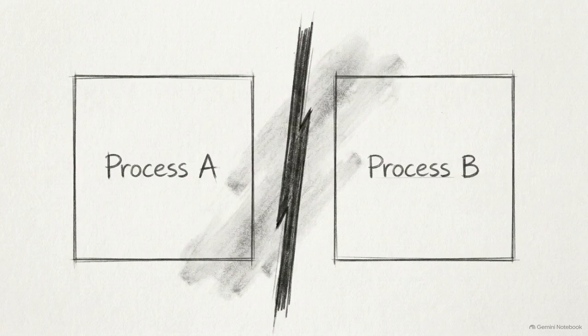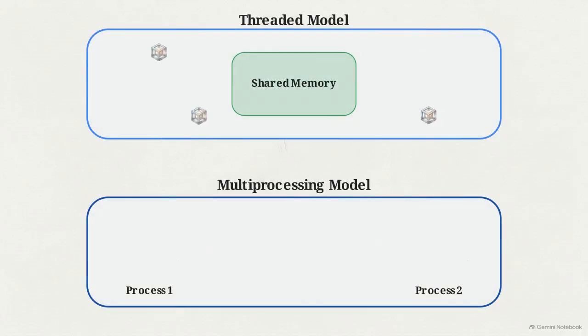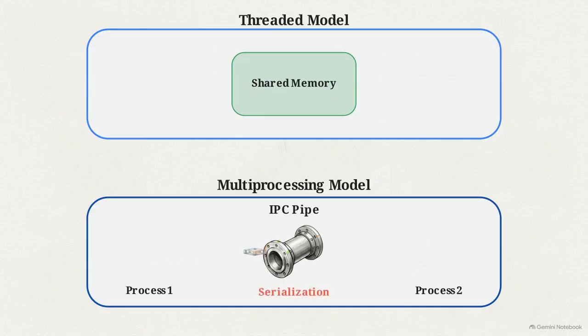Spawning complete OS-level processes solves the GIL problem, but it introduces a strict architectural trade-off: complete memory isolation. Up top, threads instantly access shared memory. On the bottom, sharing data between isolated processes requires serializing information, pushing it through an inter-process communication pipe, and deserializing it.